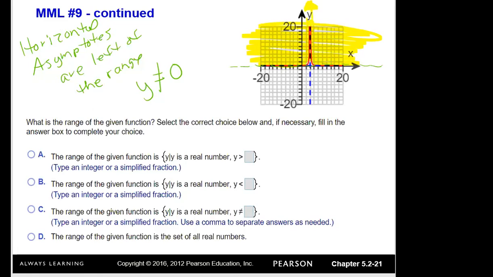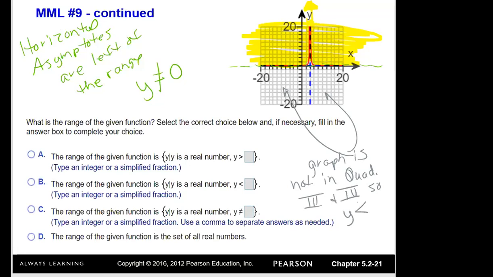It can't equal 0, but it can be anything bigger than 0. Since the graph is not in quadrants 3 and 4, y cannot be less than 0 either. It can't be 0 and it can't be less than 0, so that means it's gotta be greater than 0. So A.